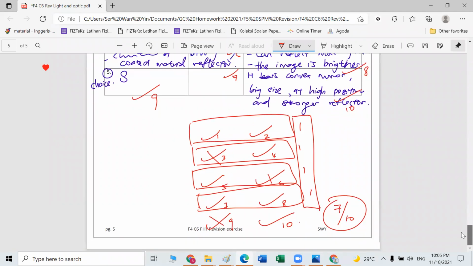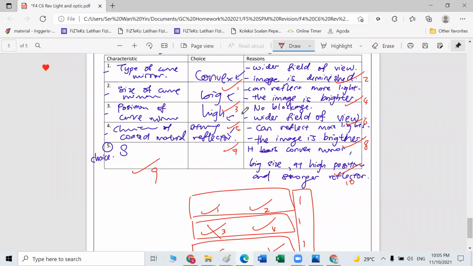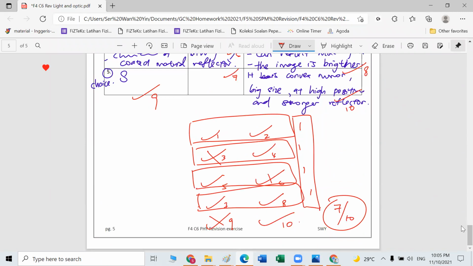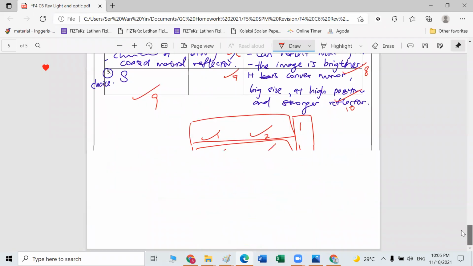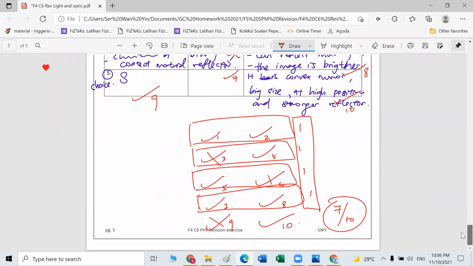So I encourage you all to make more than one reason in your choices. Let's say reason number 1 is wrong, but reason number 2 you get correct, you still get the second mark. Understand? So more reasons as insurance can save your marks.